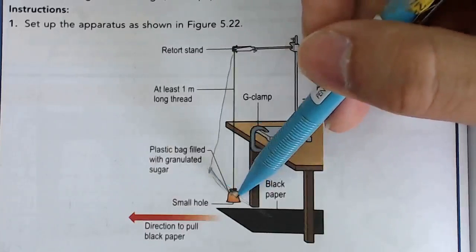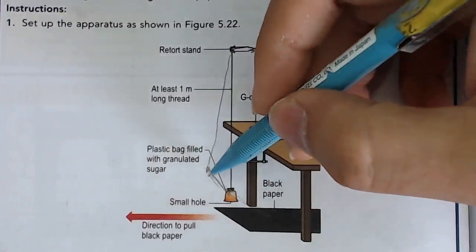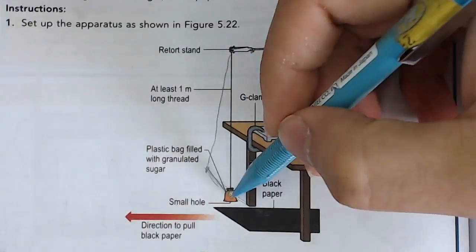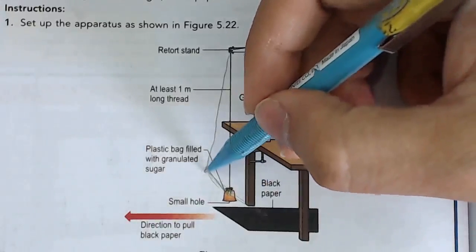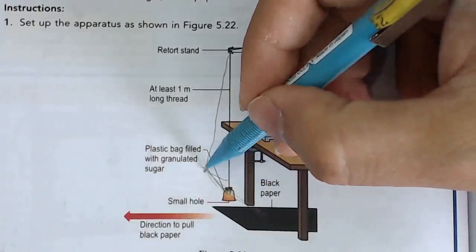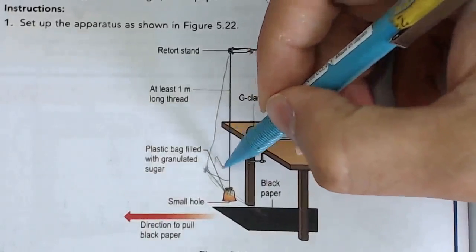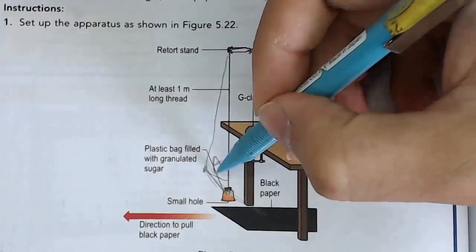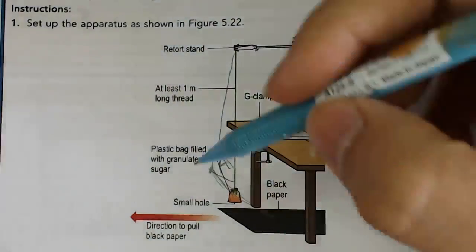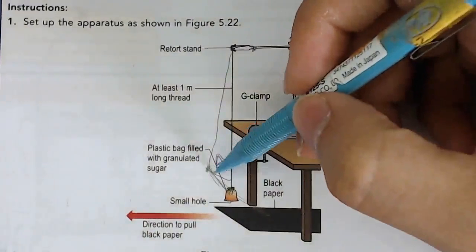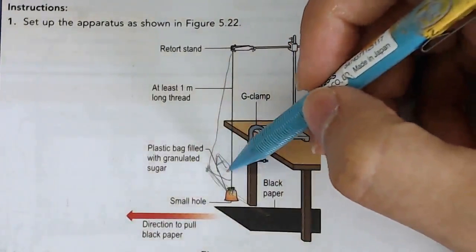Before that, this distance from this point is what we call amplitude, with a symbol of capital A. After several times, what will happen to this amplitude?